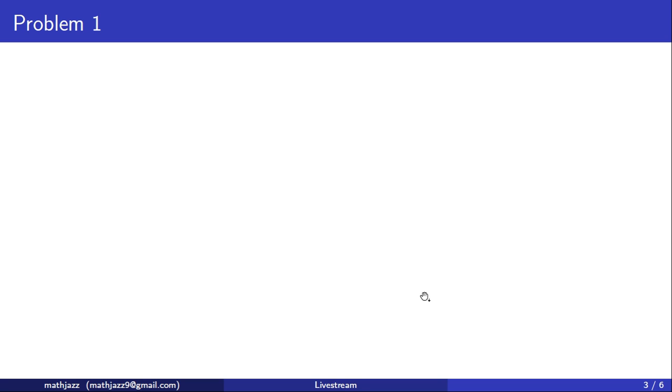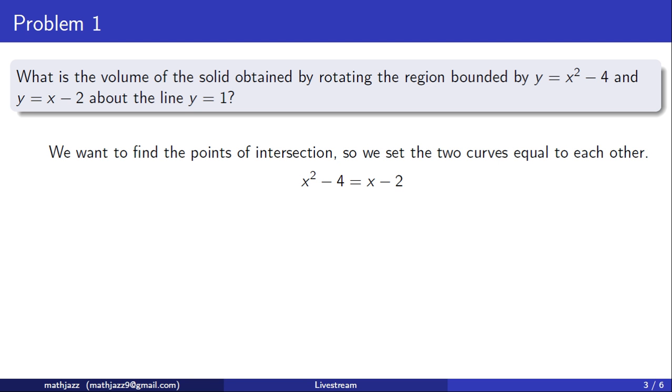Now, the first thing we're going to want to do is up to you. You either want to graph the region or find the intersections of the curves. I'm going to do the intersections first, and then graph the region. First we set the two equations equal to each other and solve for x.